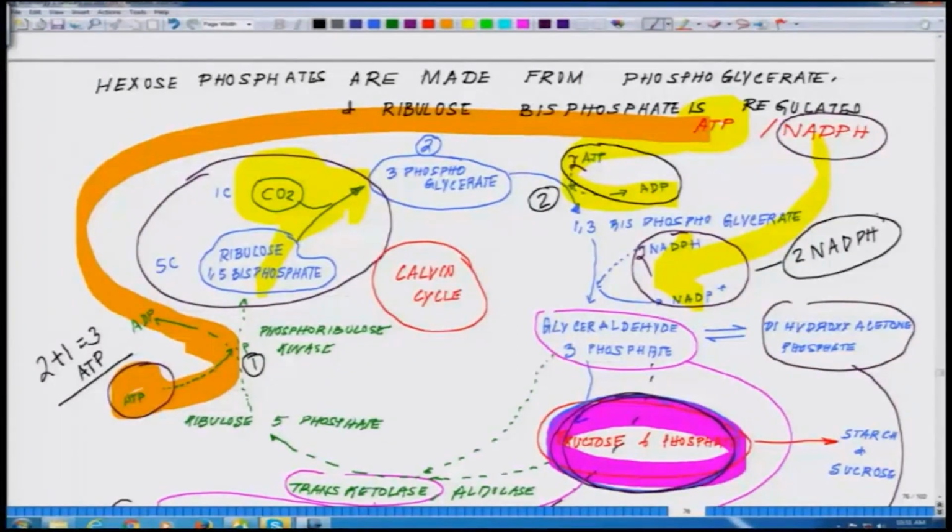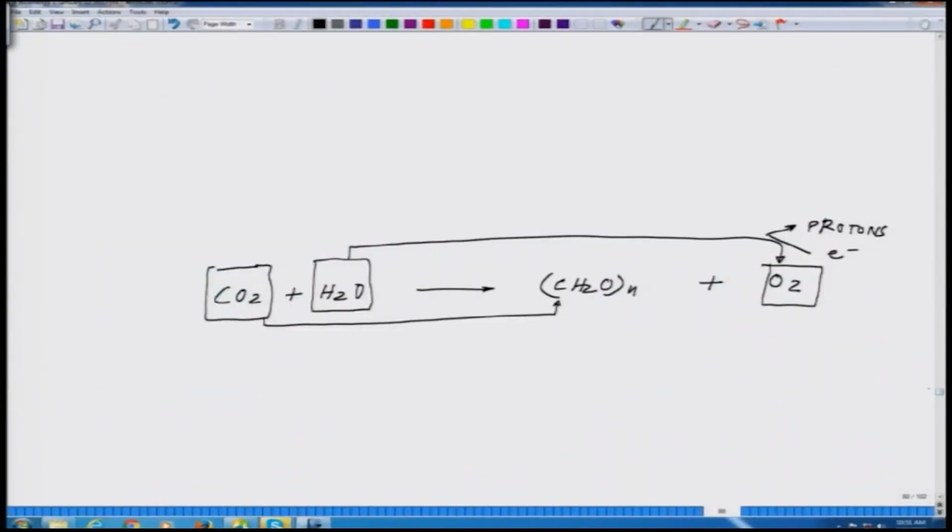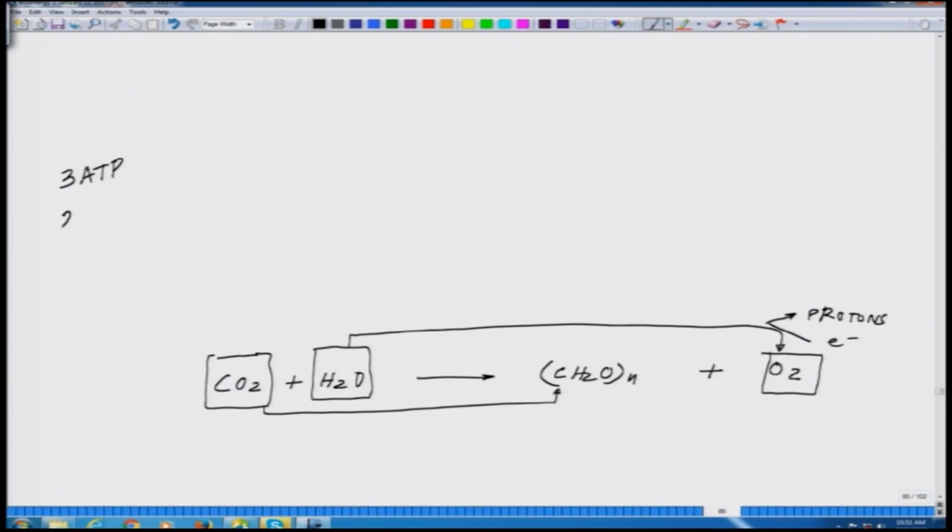Now let's add this up to the cycle. So we talked about 3 ATP plus 2 NADPH.